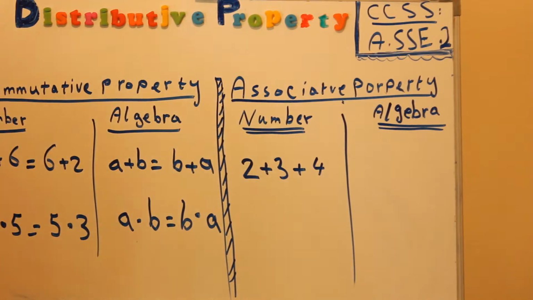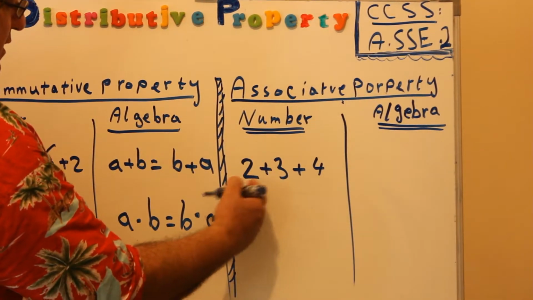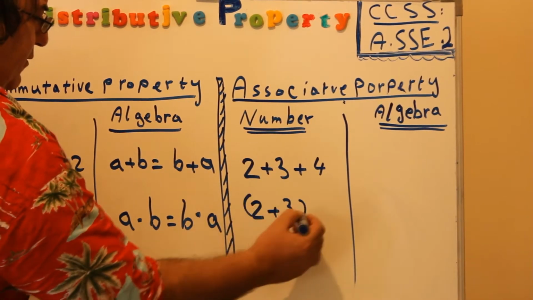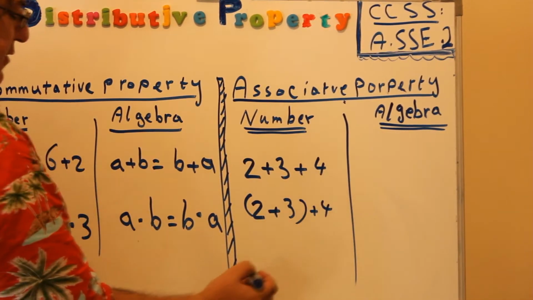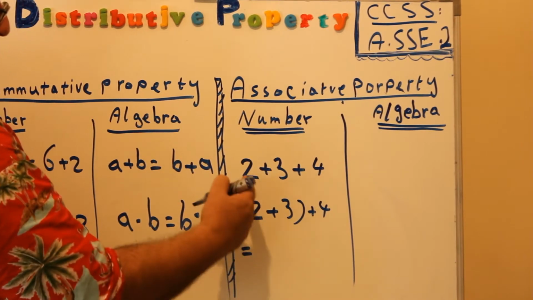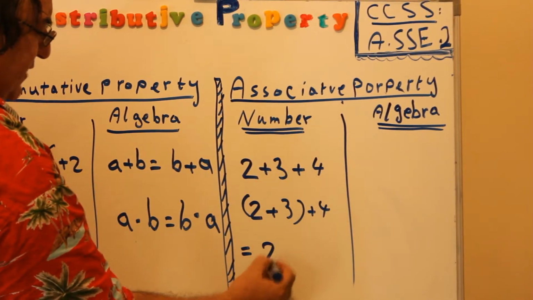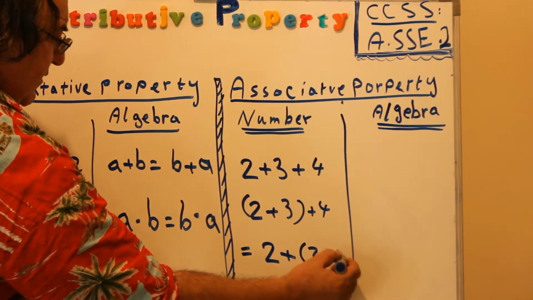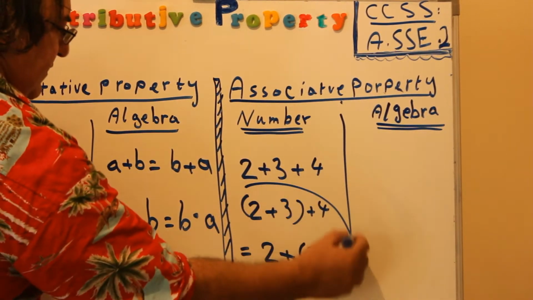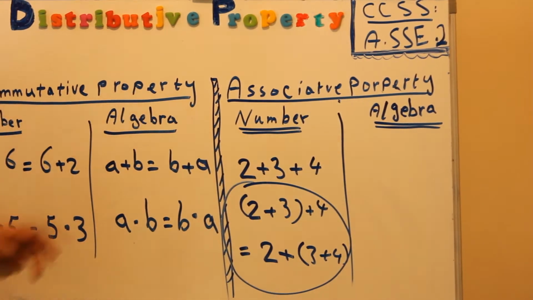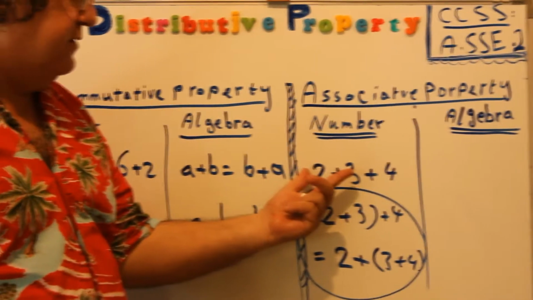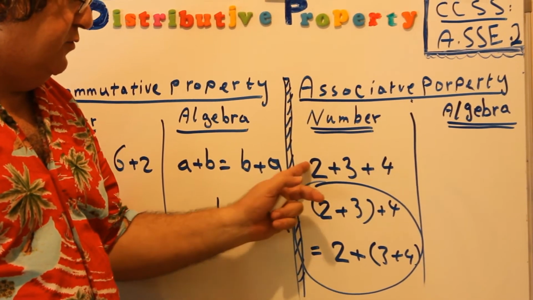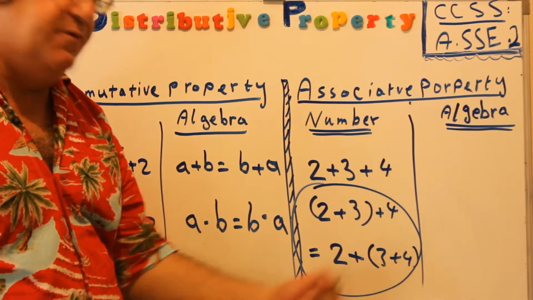In numbers, it can be formed in this way. 2 plus 3 we make in one group, plus 4, is equal to taking another group, 2 separate alone, and 3 plus 4. So this is altogether equal. So if I say 2 plus 3 plus 4, I can take 2 plus 3 in one group plus 4, which is equal to 2 separate and 3 plus 4 in one group.